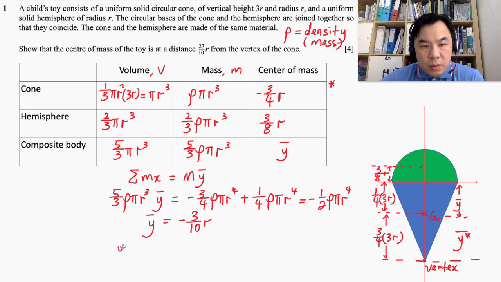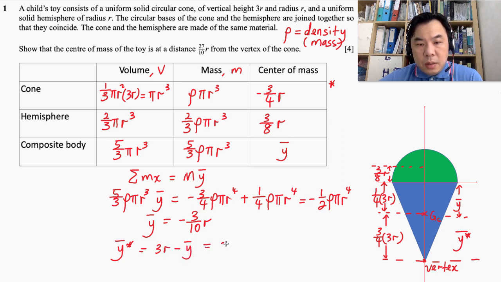So this part here would be, of course, very obvious, just 3r subtract off y bar here. And then there will be 3r. Now, when I say subtracted, I wouldn't take into account this sign here. I'll just take into account the magnitude itself.